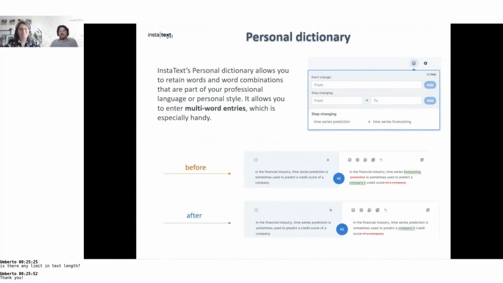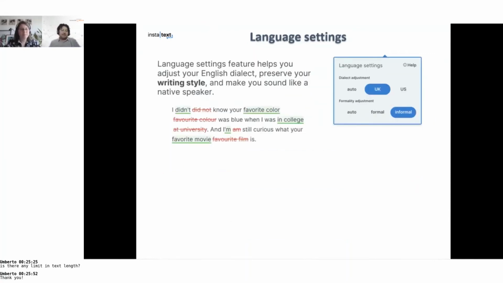So you simply add this into a dictionary, stop changing this to that, and InstaText will not change it anymore. It will make it easier for you to focus on what's really important and to see what to correct and what to reject, because it's normal to reject like 10% of suggestions.